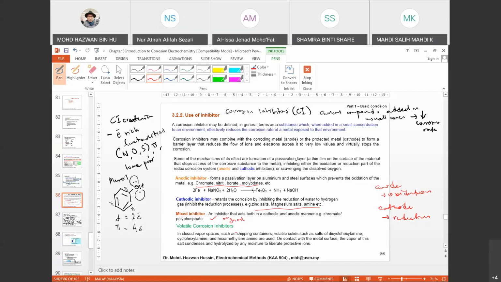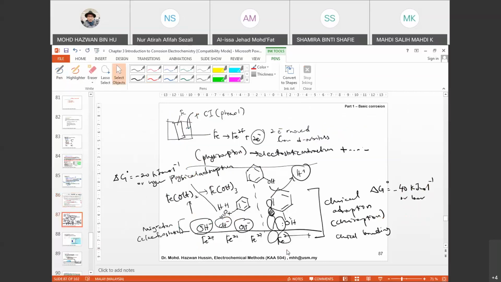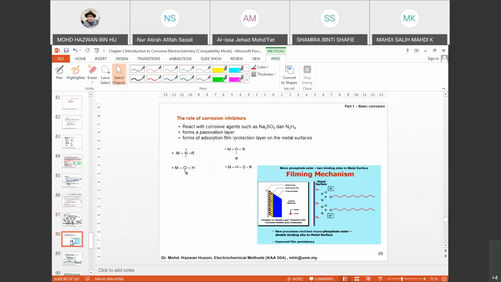Furthermore, we also have VCI, volatile corrosion inhibitors, used in oil and gas, because in some processes it doesn't require an electrolyte, and it is in a closed vapor space with gas. So that is why we need to use volatile compounds like dicyclohexylamine or cyclohexylamine, normally amines, as a VCI. The function and the process are still the same. Okay. All right. Any questions so far for corrosion inhibitors and material selection?